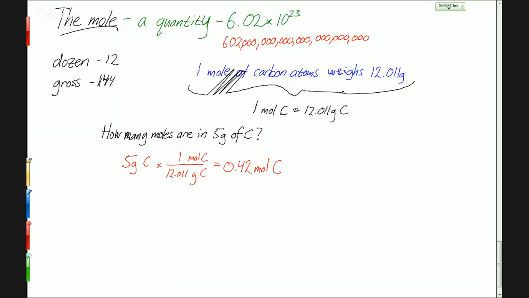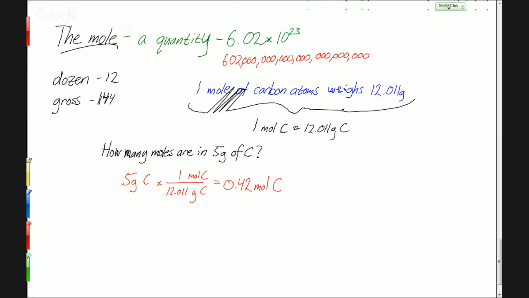It's about 0.42 moles of carbon. See how that works? So we've got a little less than half a mole in 5 grams. And that we can use then to calculate reactions.